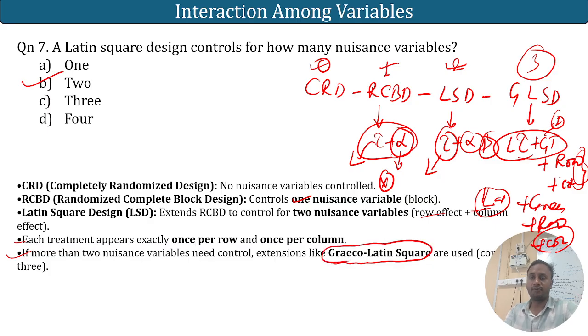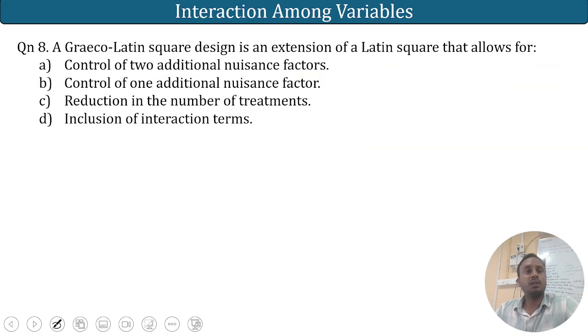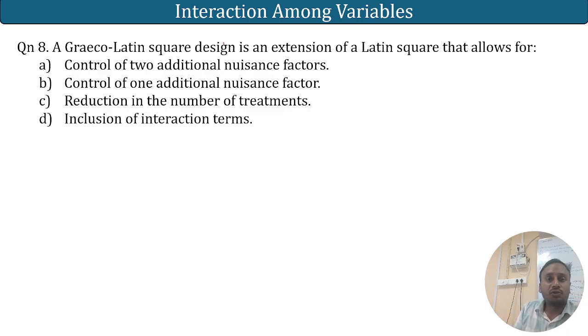Similar to what I explained, is it? Yes, sir. Okay, so now we came to the Graeco-Latin square design, an extension of Latin square that allows for how much? Control of two additional nuisance factors.